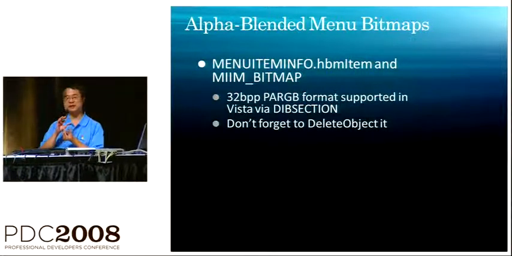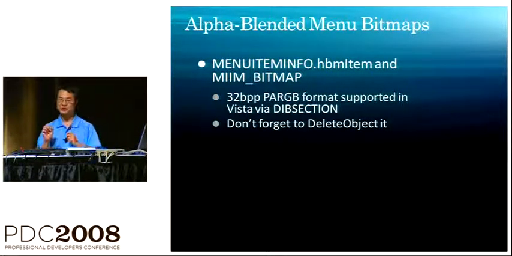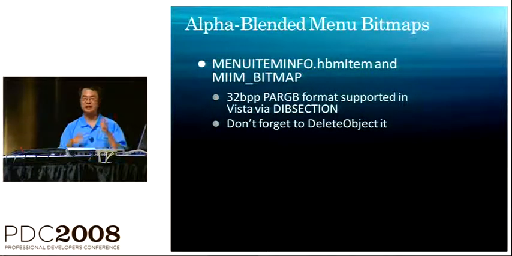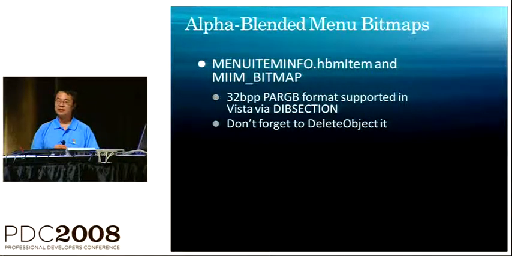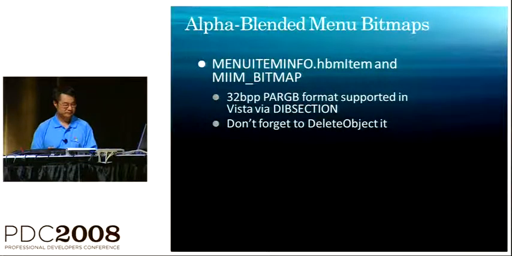In order to get the alpha blended bitmap, your bitmap needs to be a 32-bit per pixel pre-multiplied ARGB. And it has to have been created by CreateDIBSection or one of its moral equivalents like LoadImage with LR_CREATEDIBSECTION. When you add a bitmap to a menu item, the window manager does not take ownership of the bitmap. You are still responsible for deleting it when you no longer need it.